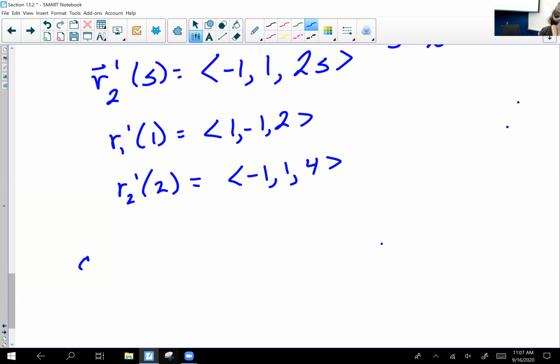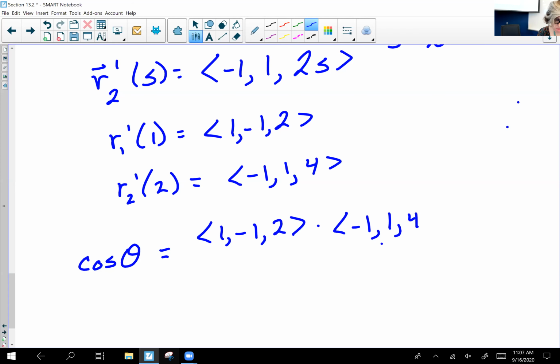So our cosine of theta is going to be these two dotted together. This is going to be 1 plus 1 plus 4, so the square root of 6, and this one is 1 plus 1 plus 16, the square root of 18.